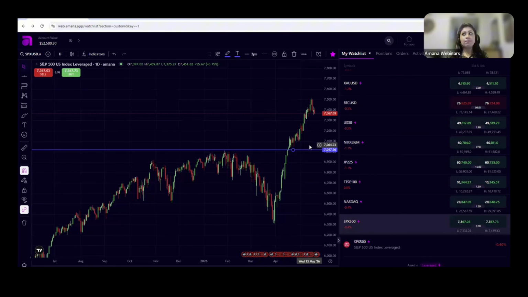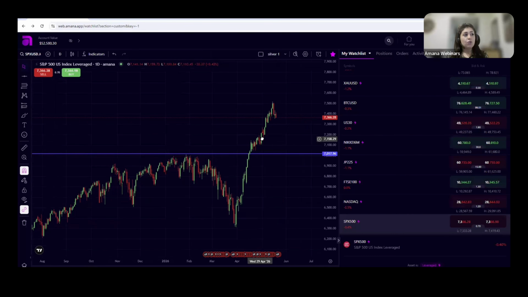The other possibility could be it does not retrace that much. So it retraces to maybe 50% of this move, because the momentum is there, the rally is there. That is another possibility. So in that case, what I do with very strong trending markets is use an exponential moving average, which acts as a dynamic support.